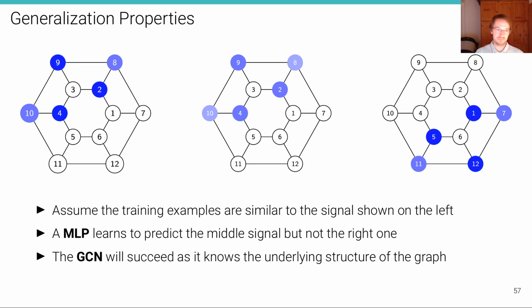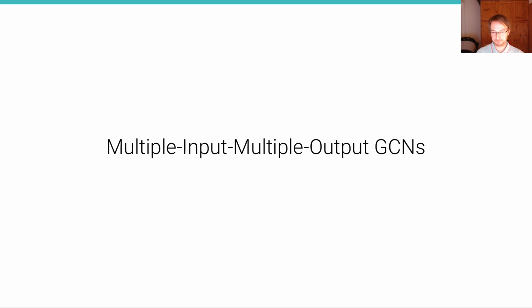So there's this equivariance, the equivalent of the translation equivariance in convolutional neural networks, which we see here as the equivariance in graph convolutions.